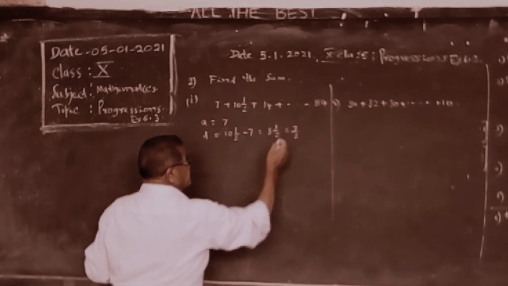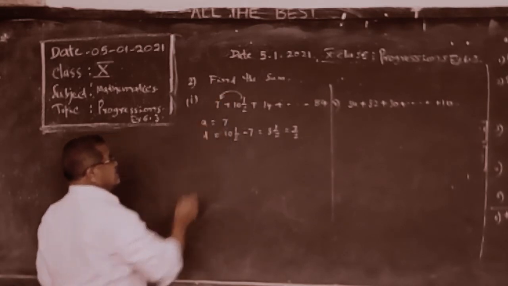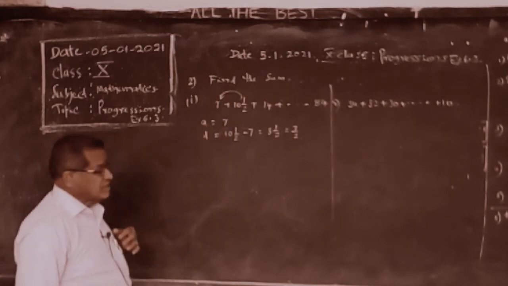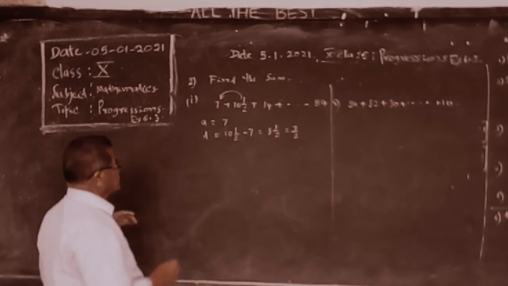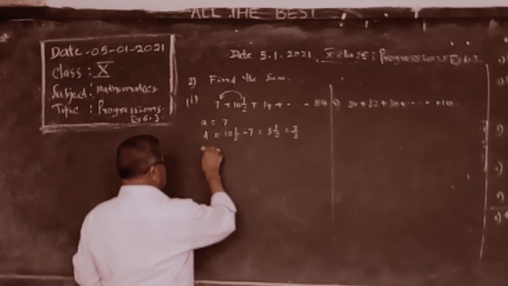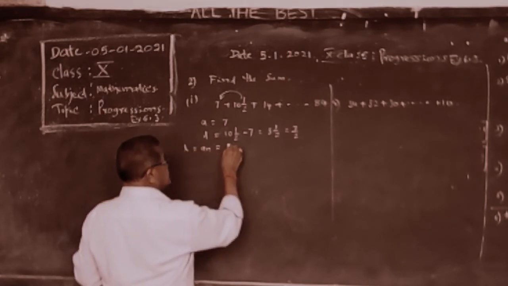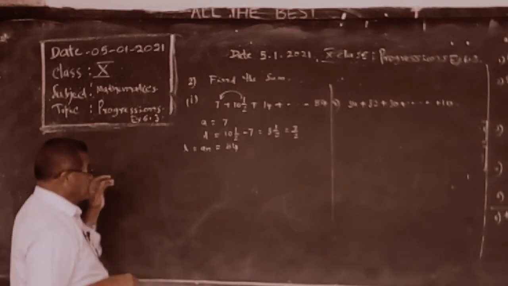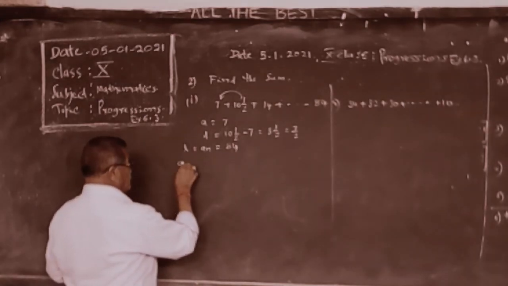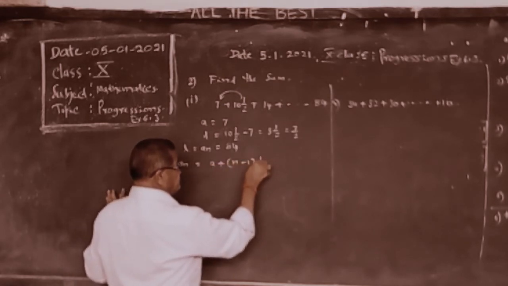That is 7 by 2. Subtract 10 and a half minus 7, 3 and a half, and 3 and a half means 7 by 2. And the nth term, the last term l is equal to an, is 84. We know the formula an is a plus (n minus 1) of d.